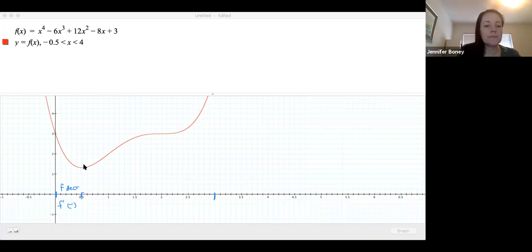And from this point to the rest of the graph, F is increasing, with a slight pause here where it stops increasing for just a moment, which means that my first derivative is positive. We've just got individual spots where the first derivative was 0, here and there, at 0.5 and at x equals 2.